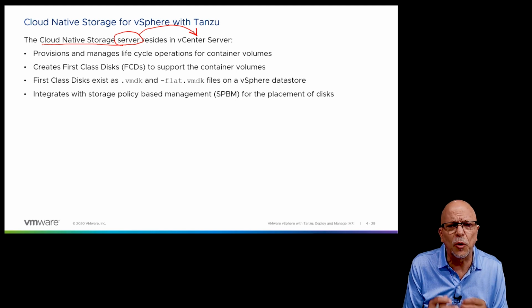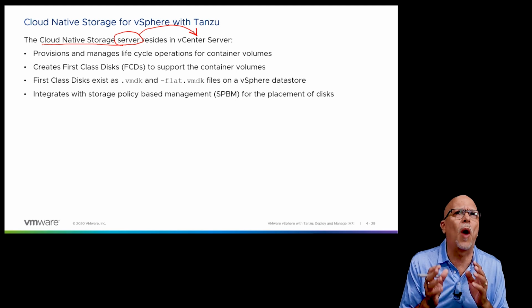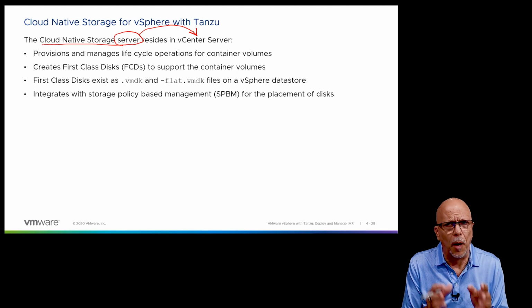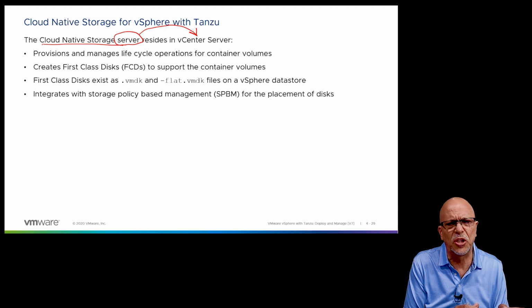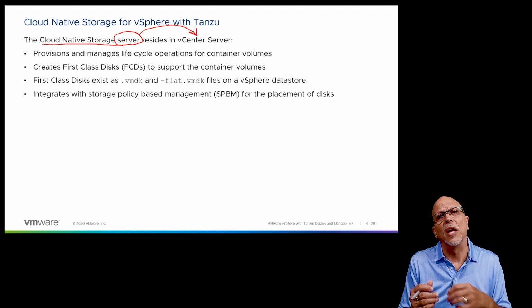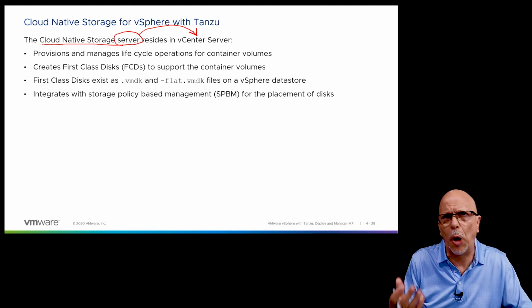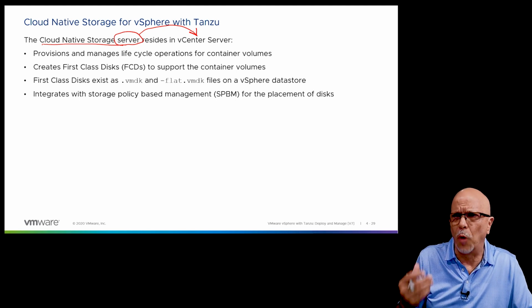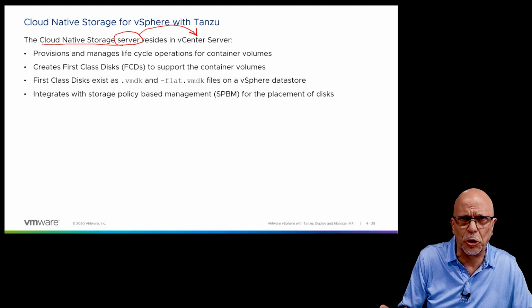And when the service sees a request to provision a persistent volume or a persistent volume claim, it starts the appropriate allocations and communication to the various components that are actually going to do that specific provisioning.